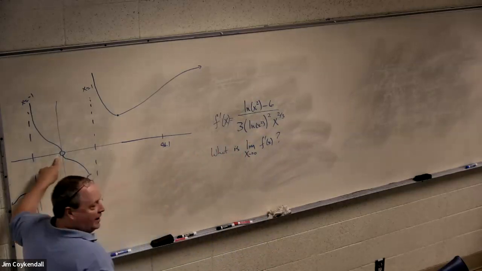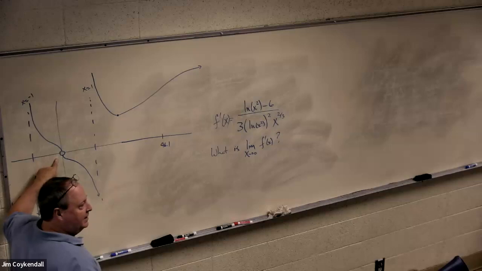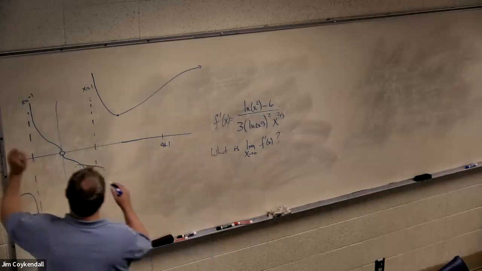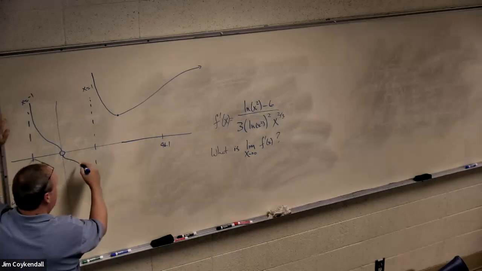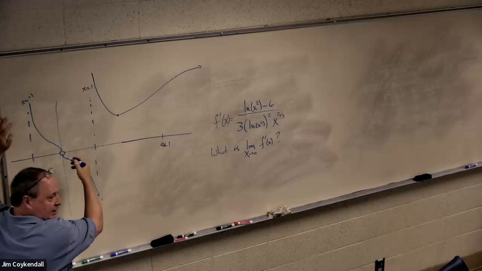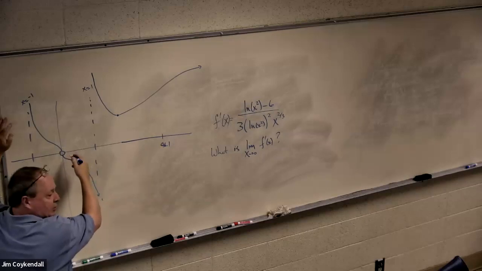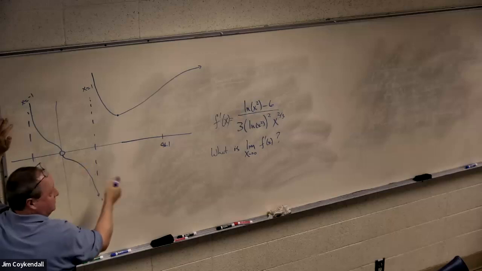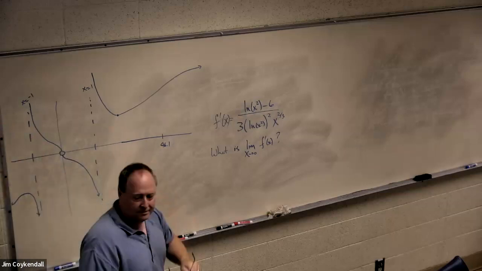The way I've drawn it, it looks like it should be infinity, because what I'm asking here is what's happening to the slope of the tangent line at 0. Looks like I've drawn it so it becomes sort of infinitely steep, right? But there's no reason it has to be that. It might be 2, or, well, in this case, I guess it would have to be negative. But how do we figure this out?